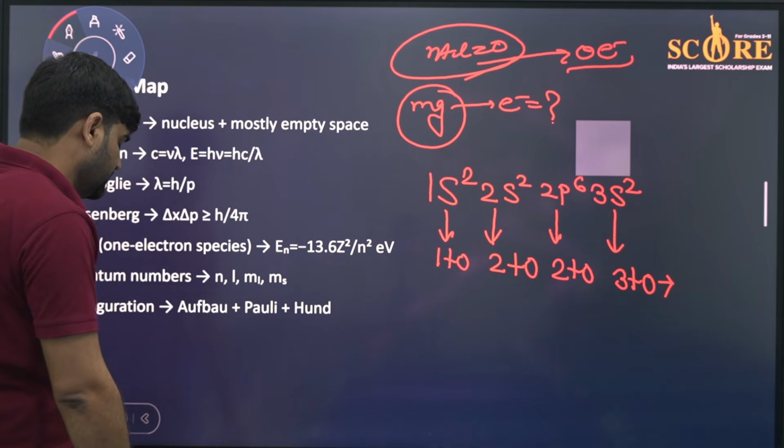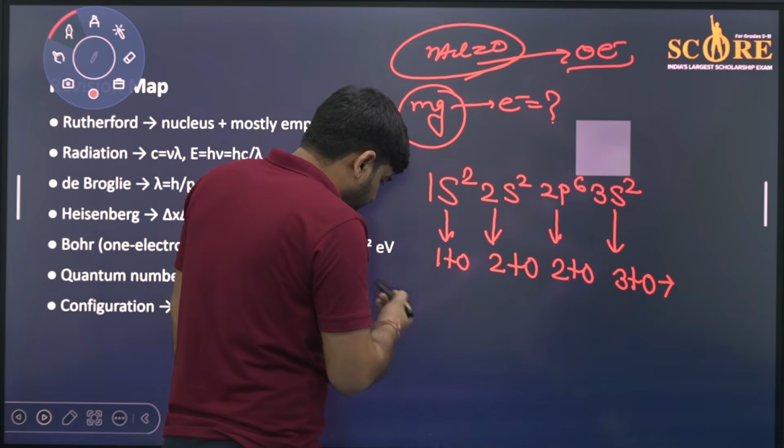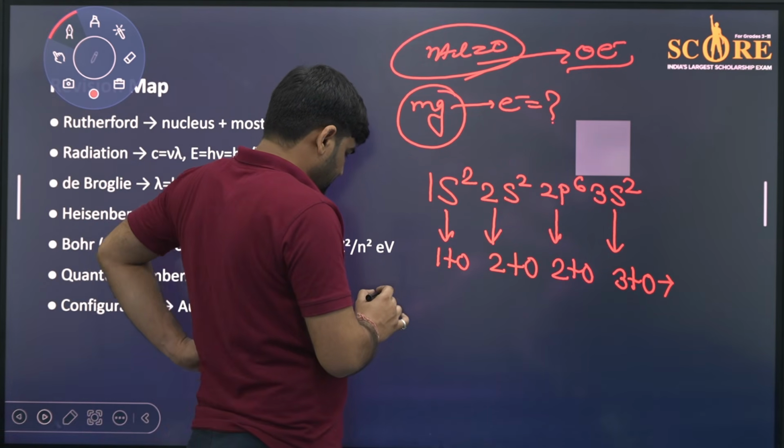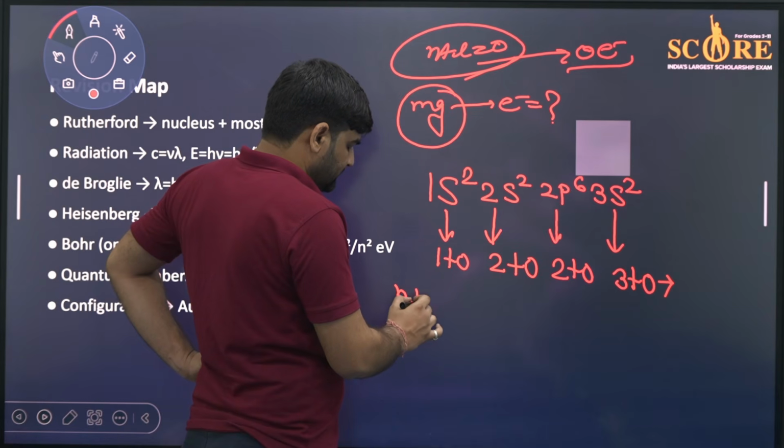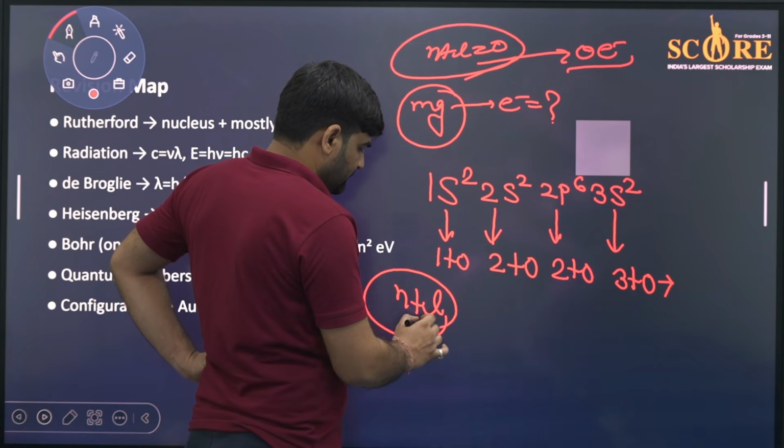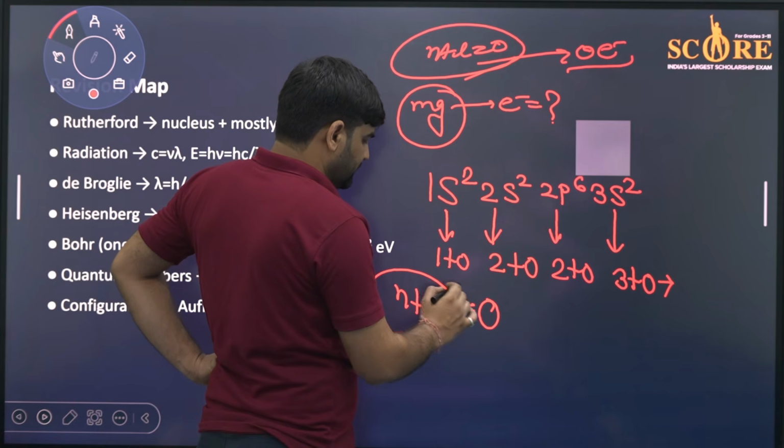Next question is you have to find n plus L equals 0.